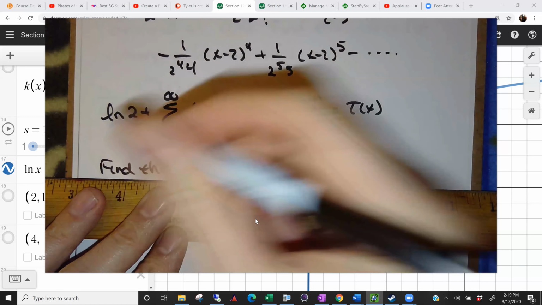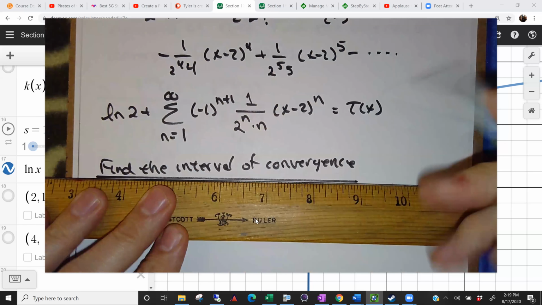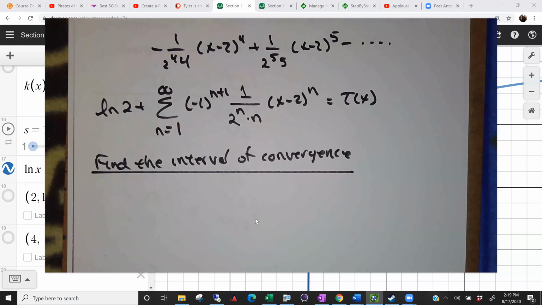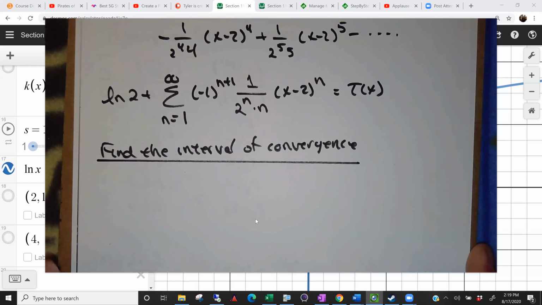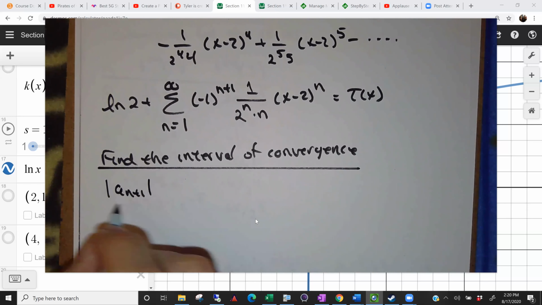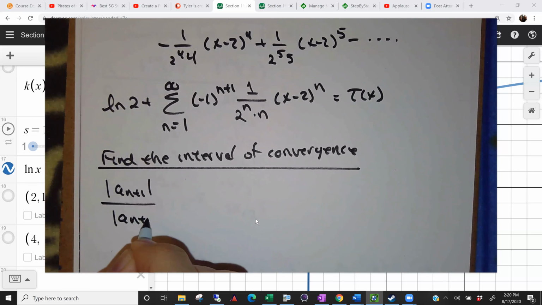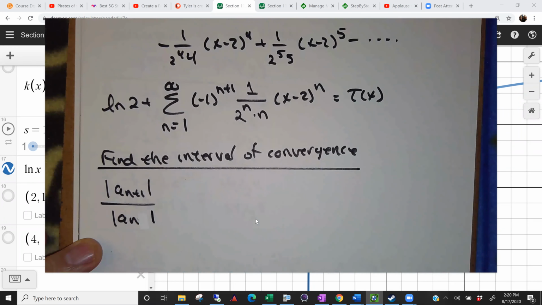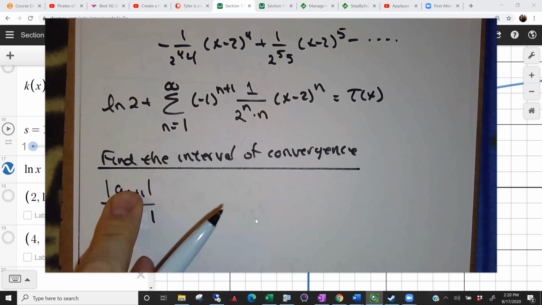All right, so a little bit of work to do here. For that, we generally go to the ratio test. So I want to calculate the absolute value of a sub n plus 1 divided by the absolute value of a sub n. Now we're working with the absolute values.